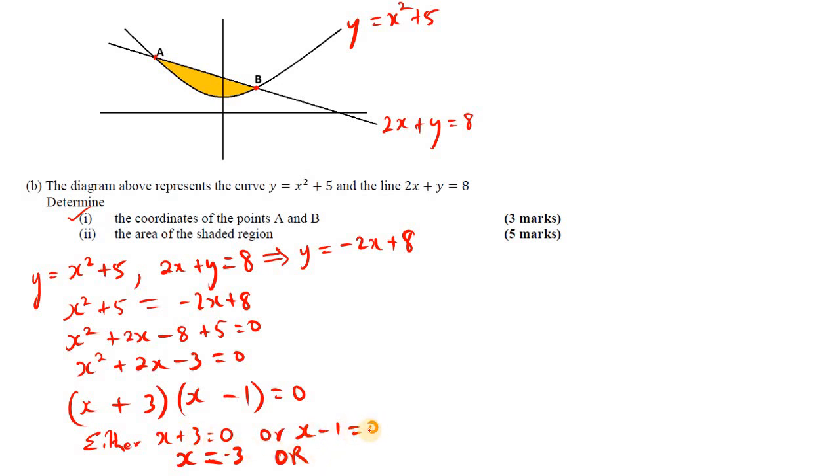Now x minus 1 is 0, so x got to be 1, because 1 minus 1 is 0. Or I can say I add 1 to both sides, making x equal 1. You can also check with this one, negative 3 plus 3 give us 0. So these are two values of x, right? So that means one value of x will be positive 1, and the other value of x will be a negative 3.